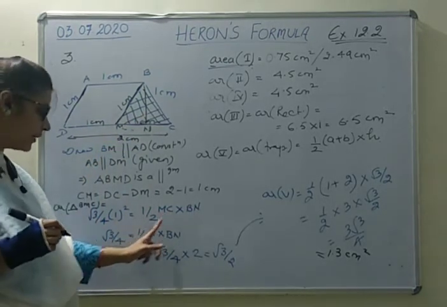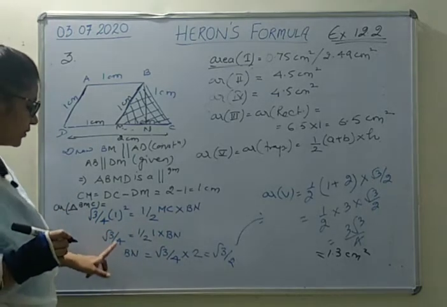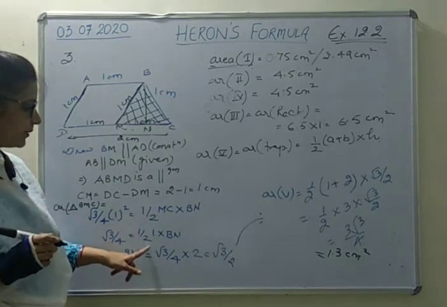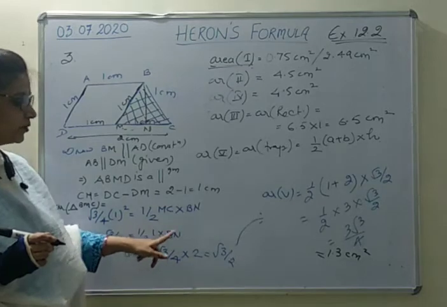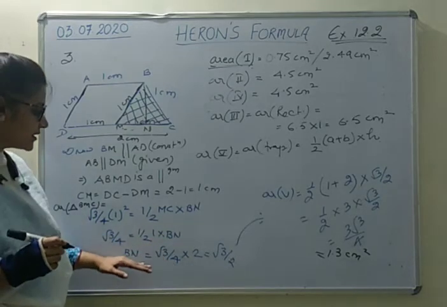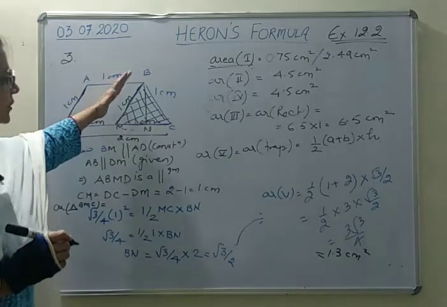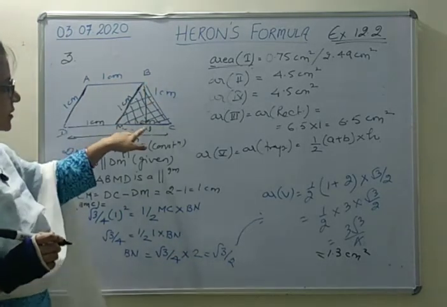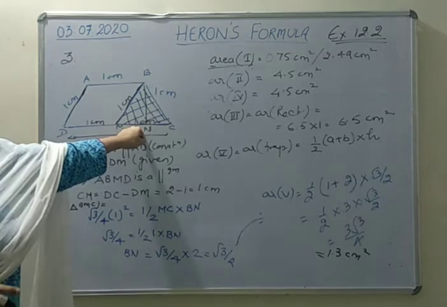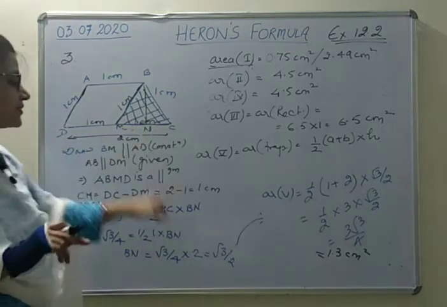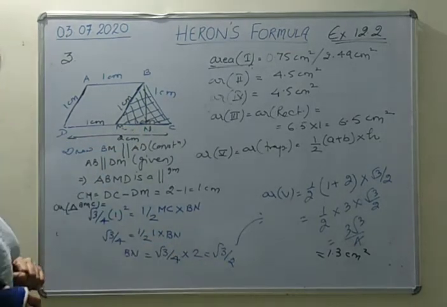Equal. So we are getting an equation, √3/4 is equal to 1/2 into 1 into BN. So with this, what is BN? BN कितना आ गया? √3/2. So thus in this triangle, BN means the height of the triangle is √3/2.